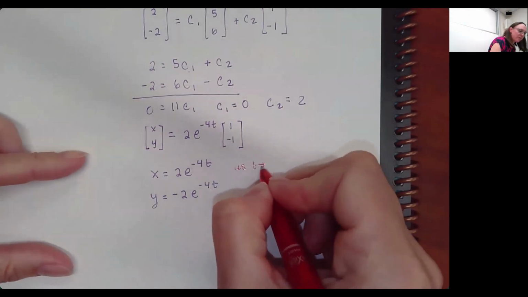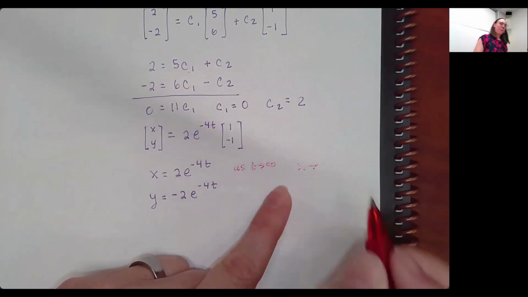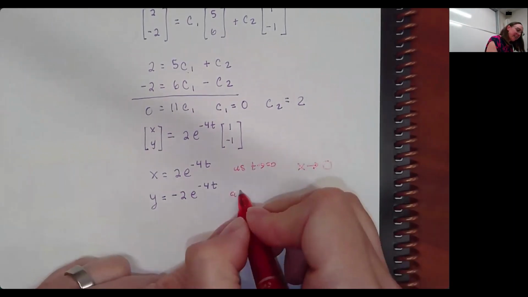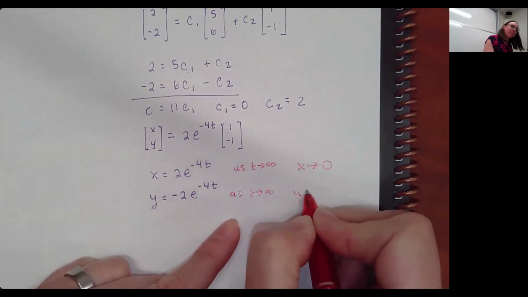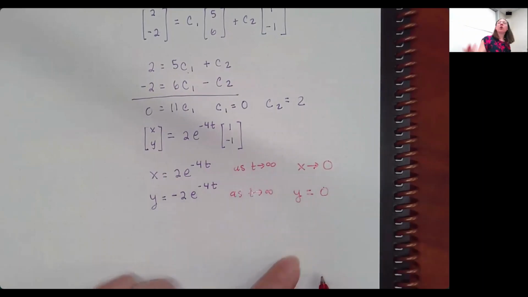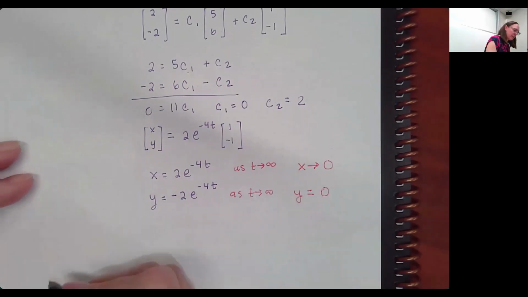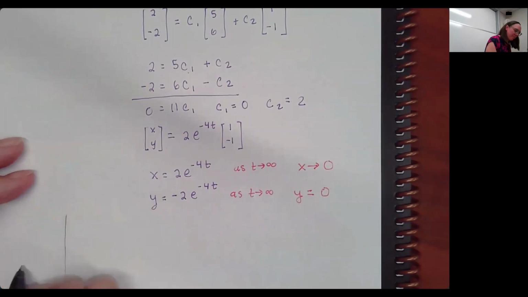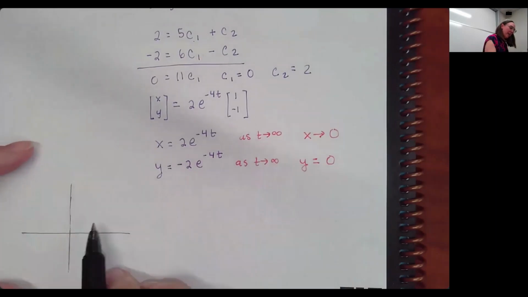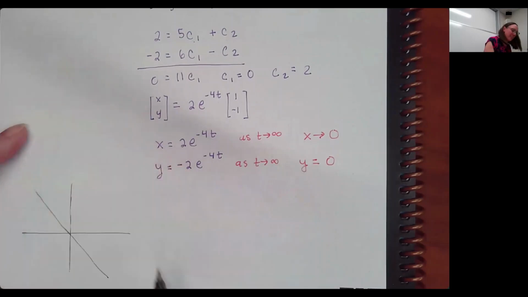As t approaches infinity, where is x going? As t approaches infinity, where is y going? So if I go back to my sketch of the eigenlines, that just told me that along the eigenline associated with this vector, why do I know I'm on the eigenline associated with the vector?